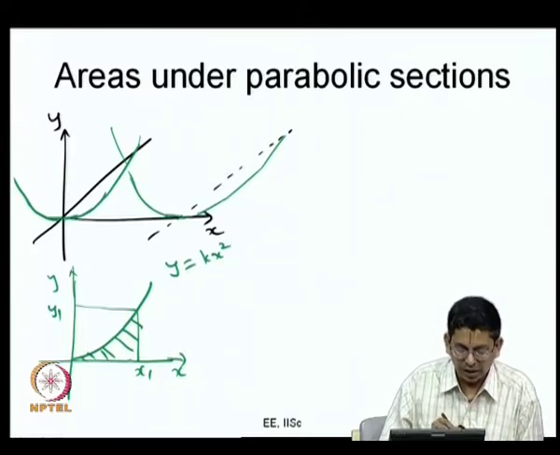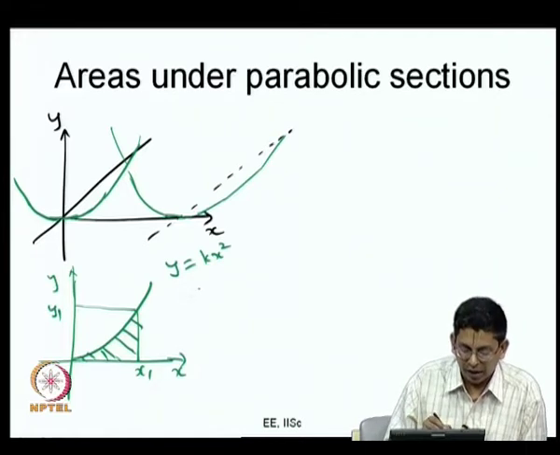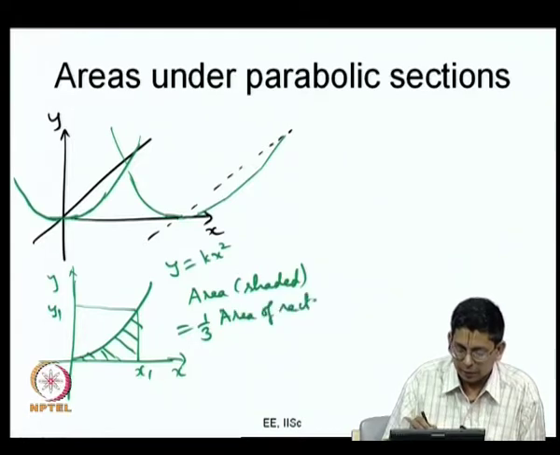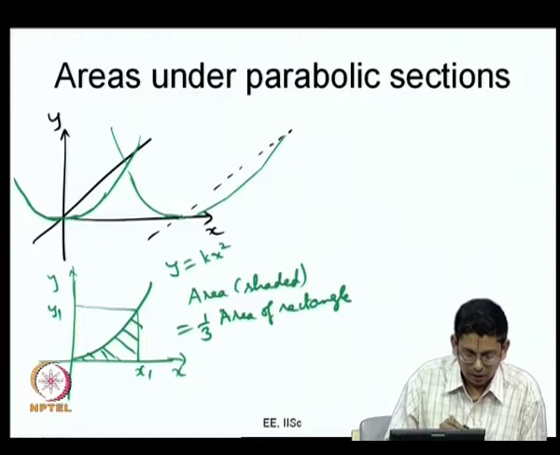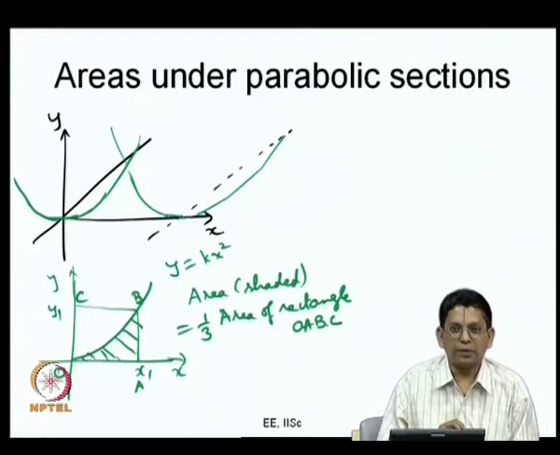So, what is the area under the parabola? As I told you the other day, the area that is shaded is 1/3 times the area of the rectangle. Let us call this rectangle O, A, B, C.